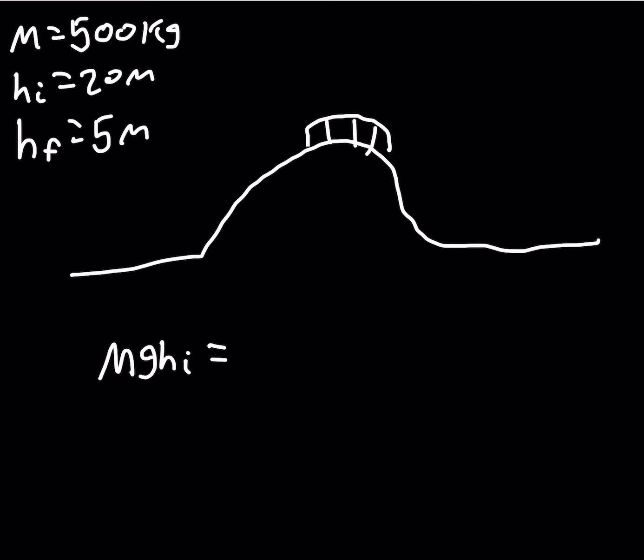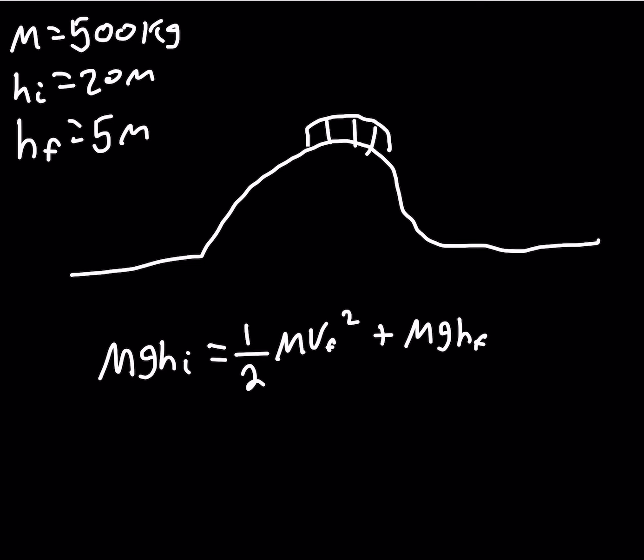But where did that potential go that it lost from going from 20 meters to 5 meters? Well, it got transformed into kinetic energy. So we'll know that we have some final kinetic energy and some final potential energy, right?